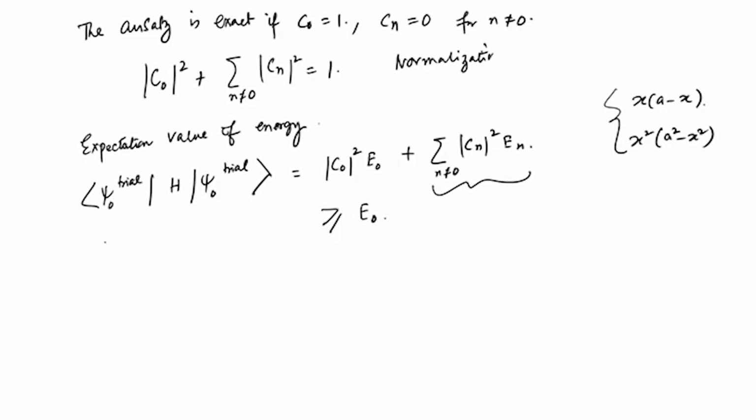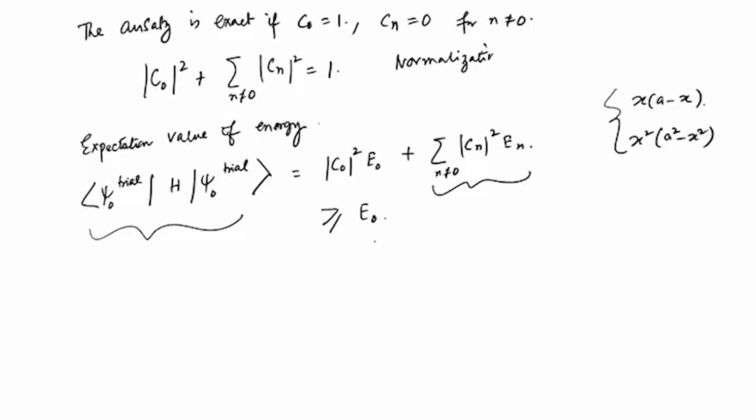So, what you need to do is get this quantity as a function of the variational parameter and minimize it with respect to the variational parameter. I say minimize, but it is actually extremize, which means you set the derivative with respect to the variational parameter equal to 0, then get that parameter out, put it back into the wave function, and that will give you the variational ansatz, or the trial wave function that you get.